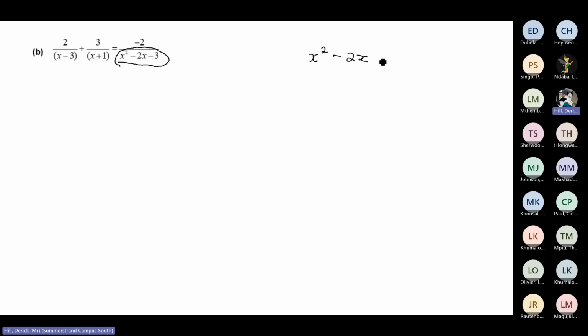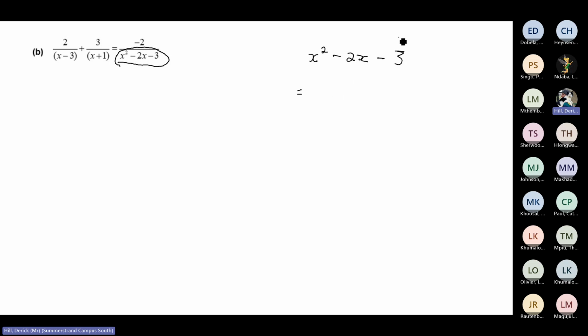So we've got x squared minus 2x minus 3. How are we going to factorize that, you might ask? Well, just keep watching.